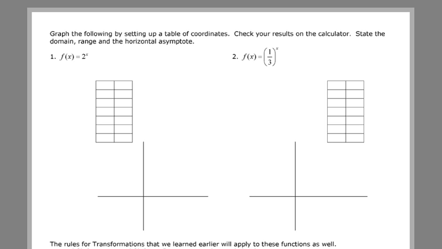So let's work on completing a table of values and checking out some of these shapes. Let's get an x and a y up here, and let me just pick some values for you. I'll pick some x's, you work on the y's. I'll do the same thing over here.